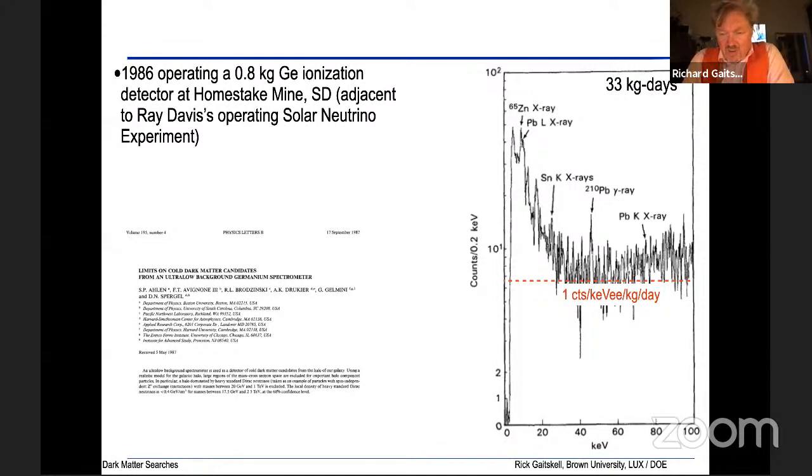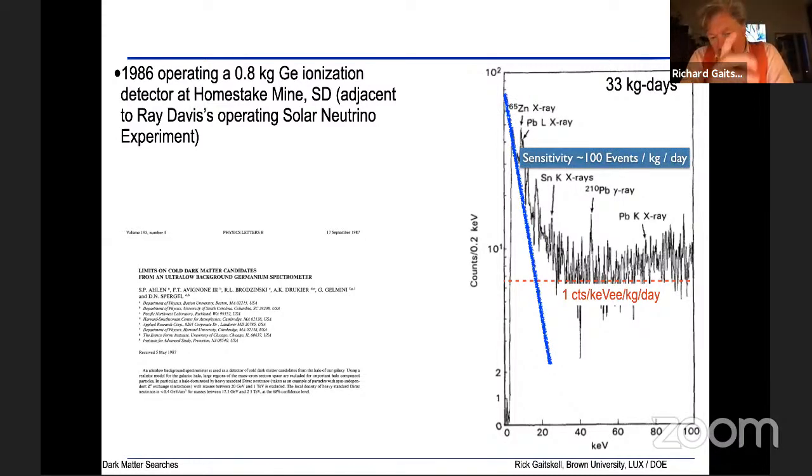But nonetheless, one could use that spectrum to place an upper limit on the dark matter rate. And on a log graph like this, the dark matter recoil spectrum is essentially a single exponential. So you can just place a sensitivity limit as indicated by the blue graph.